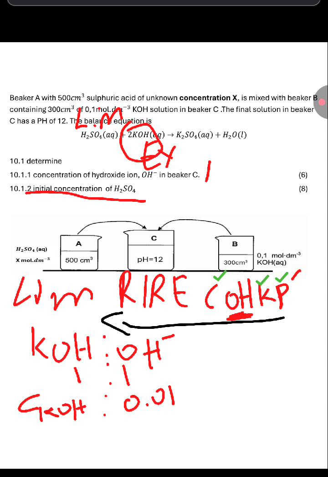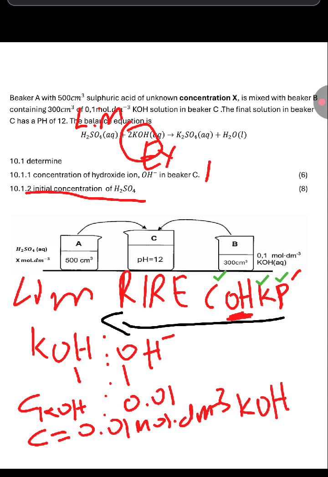So if you have got 1:1, it means the concentration is equal to 0.01 mole per cubic decimeter of KOH as well, because of the ratio of 1:1. Or you can say you are cross multiplying. Okay, so now we got there.